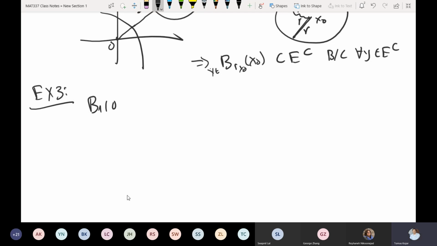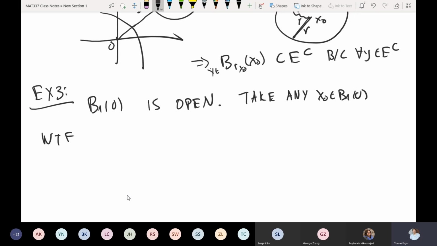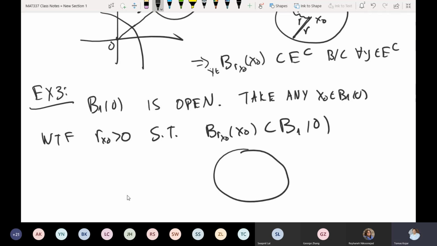The ball B_1(0) is open. So why is that? Take any x naught in B_1(0). Want to find R_{x naught} such that that ball is fully contained in the unit ball.